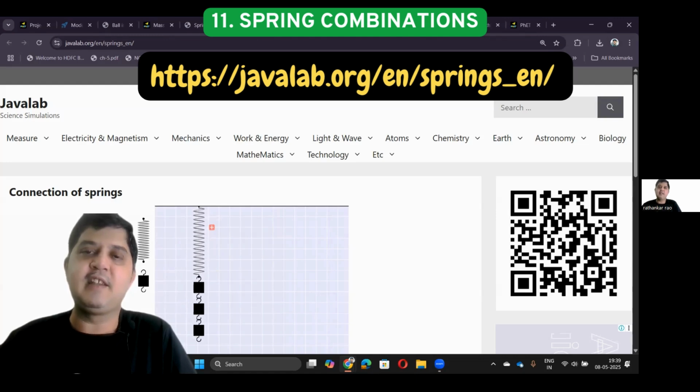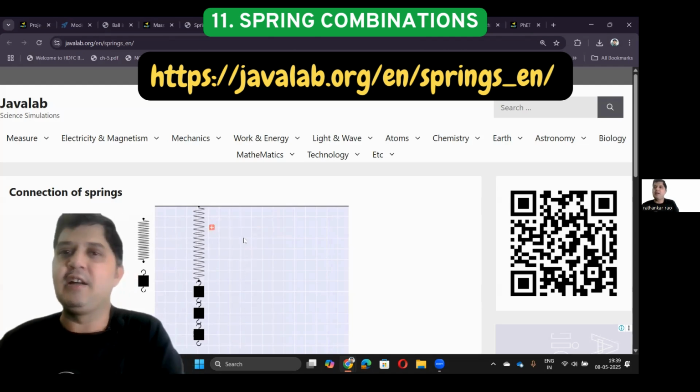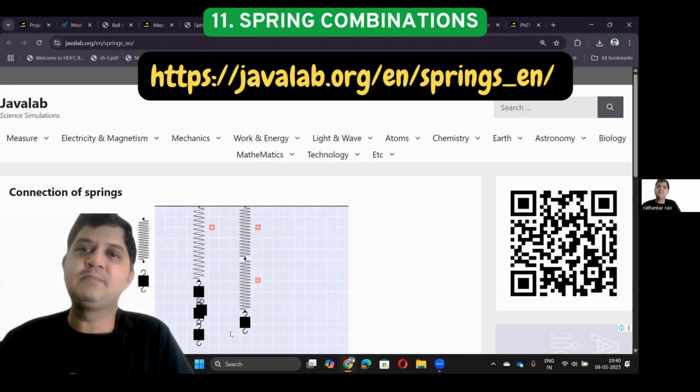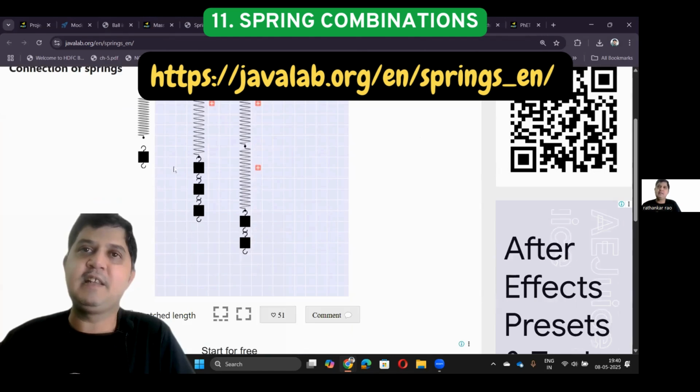Next, I can take this one here, connect it here, then take this and connect it here, and I'll connect only 2 springs. And then again, I'll add the 3 masses over here, and see what's happening.